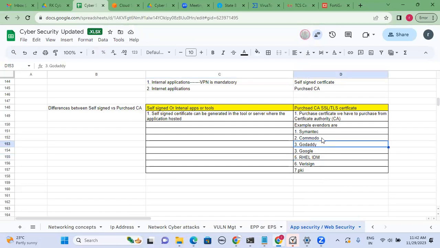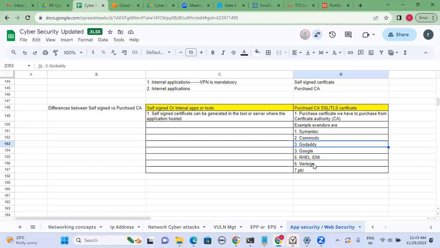Then we inform the server team to deploy this certificate, and they will deploy it. So what is the security role here? When the certificate is going to expire, the renewal, and the hashing algorithms and ciphers being used. These two validations have to be done by our security team. The deployment and installation of the certificate is taken care of by either the server administration team or the application deployment team. Is it clear or not?